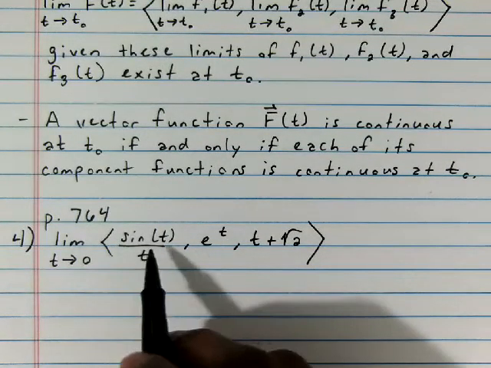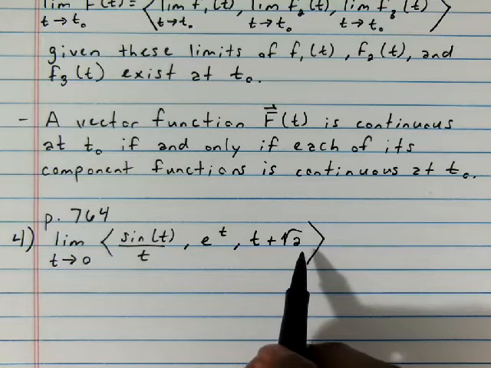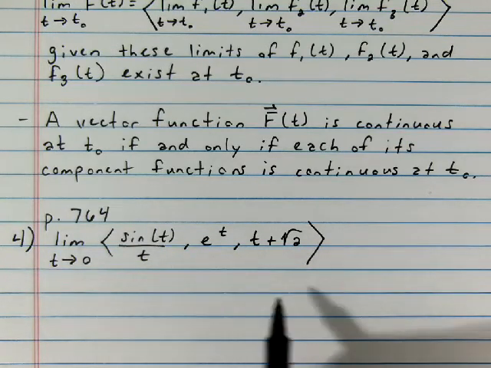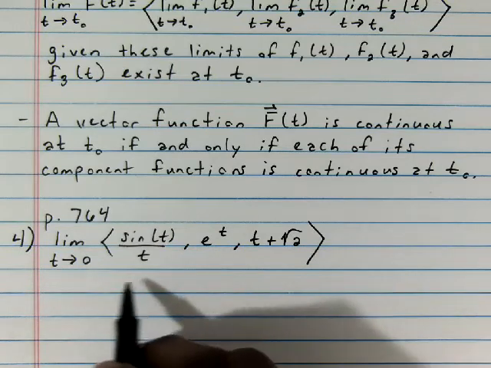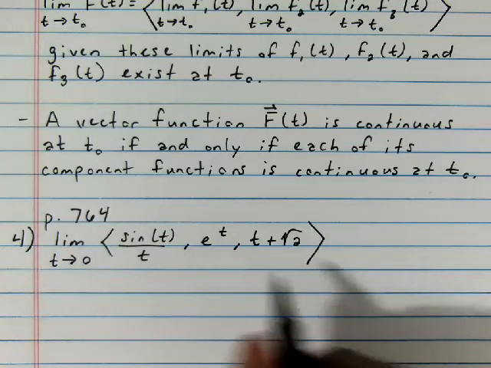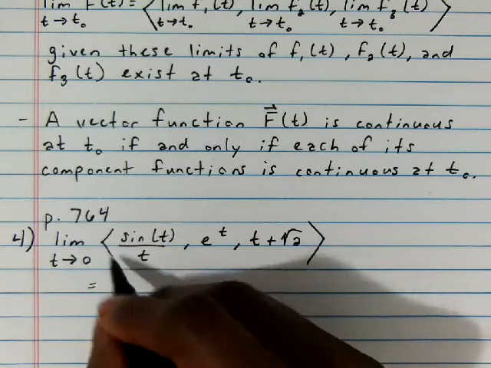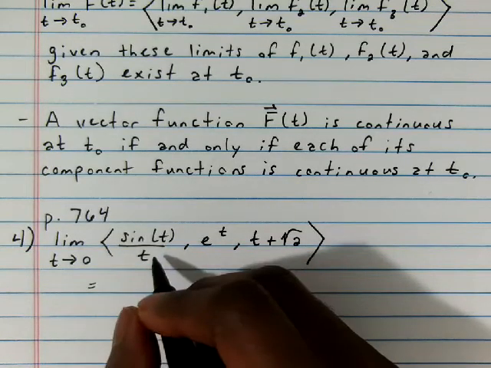If any one of these limits does not exist, then the limit of this entire thing doesn't exist. But all of these limits exist. So the limit of this vector is going to be equal to the vector whose first entry is the limit of this as t goes to 0.